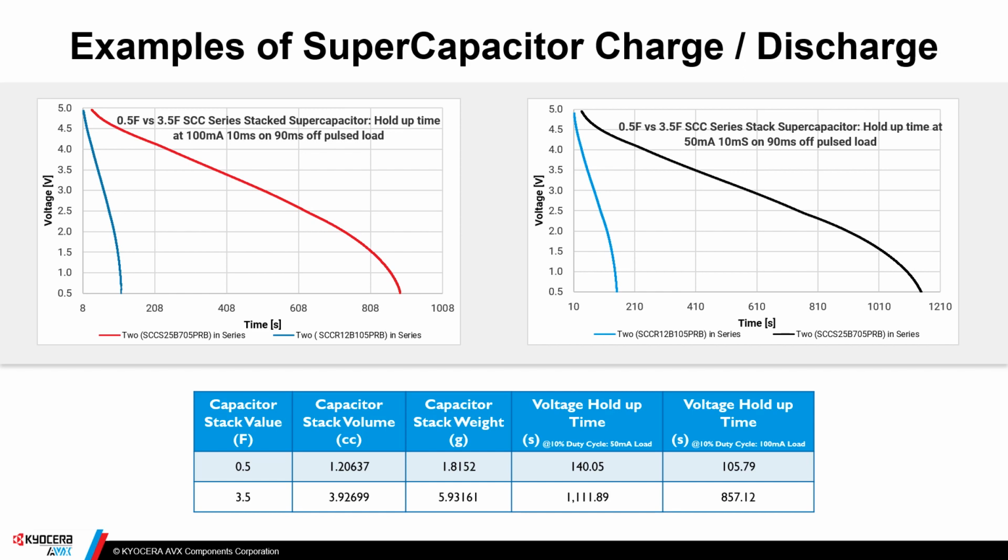On the bottom, we show the table showing a very small stack volume, a very attractive weight, a great hold up time. Now, this has not been run through any type of boost circuitry. So this is actual voltage coming off the cap with the associated load and leakage on the component.